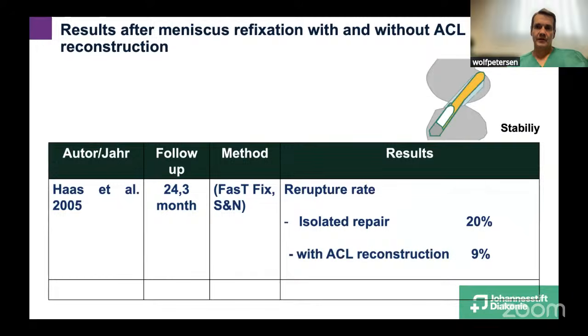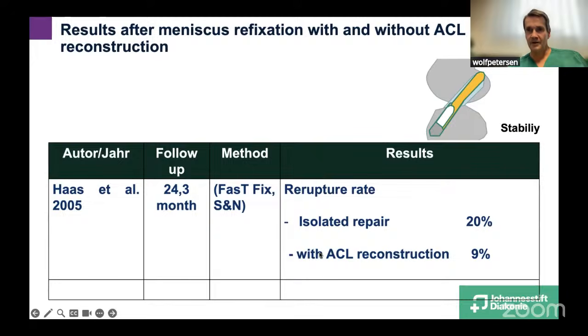This study by Haas and co-workers has shown that the re-rupture rate of an isolated repair could be decreased from 20 to 9% when we perform the meniscus repair in combination with ACL reconstruction. Two factors may be responsible for these findings.